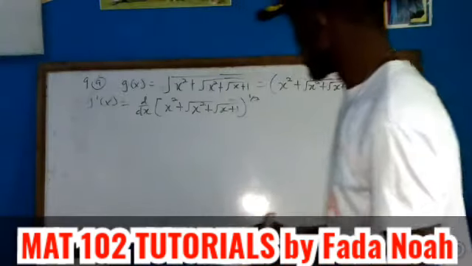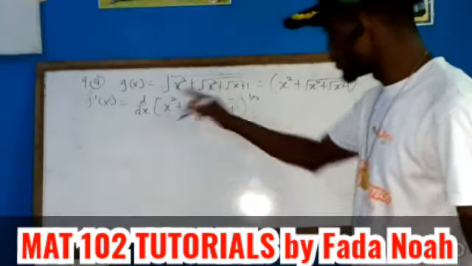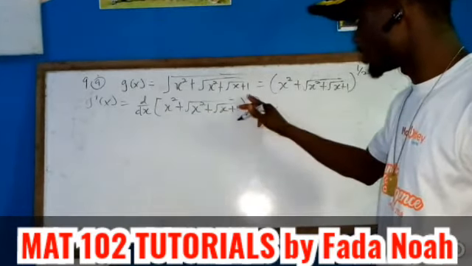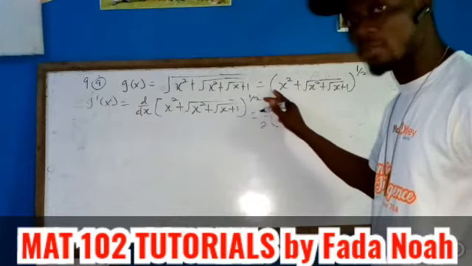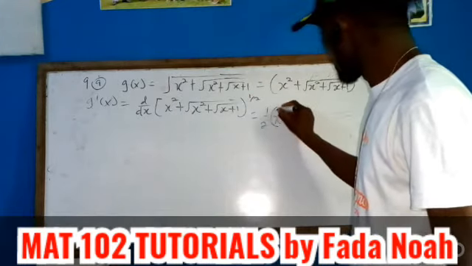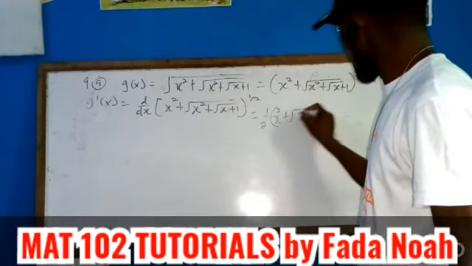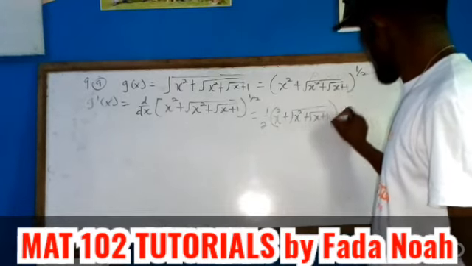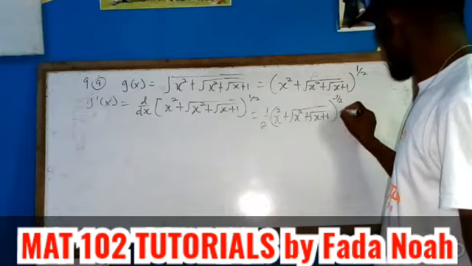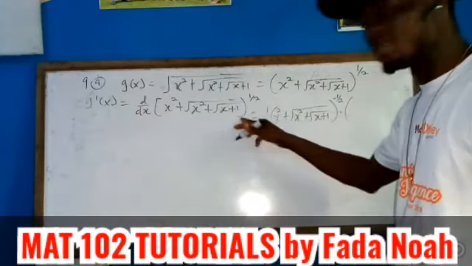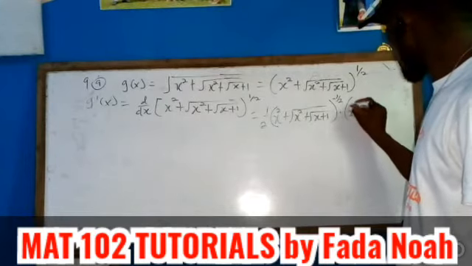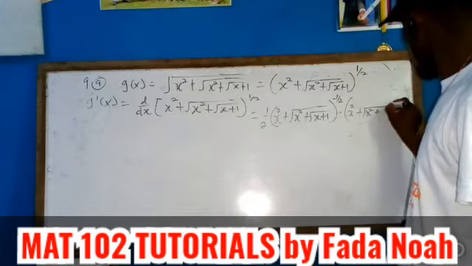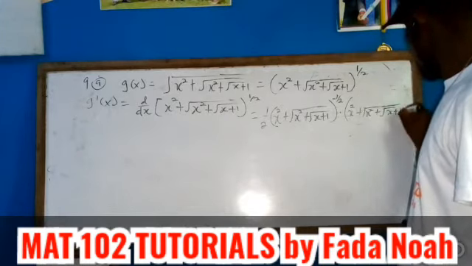So what we do is that we drop the exponent, which is 1 over 2, times the original function, with the exponent now 1 over 2 minus 1. So we have x squared plus the square root of x squared plus the square root of x plus 1, exponent minus 1 over 2, times the derivative of what is inside the bracket.